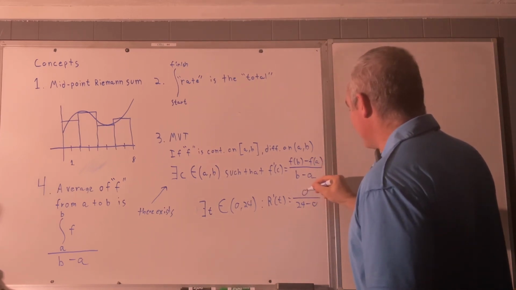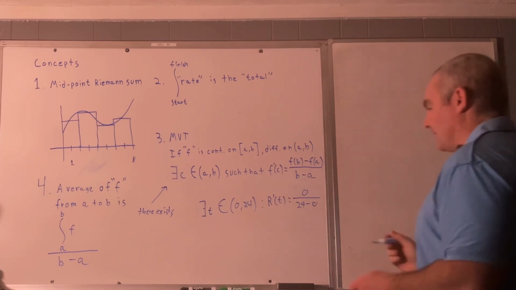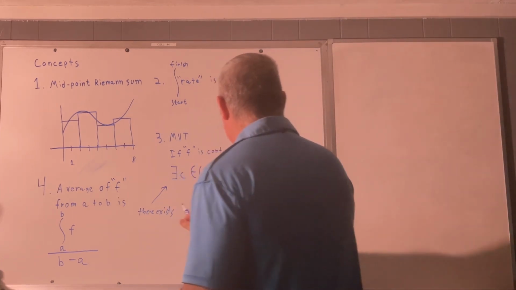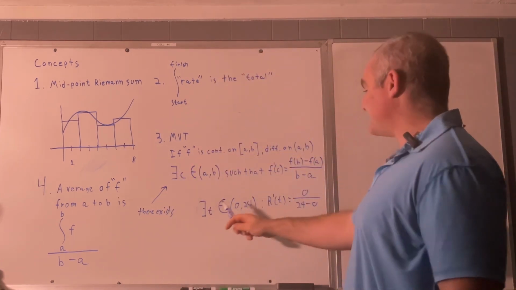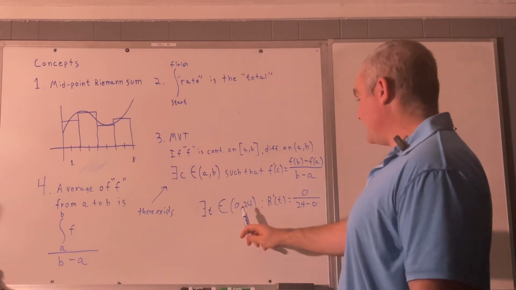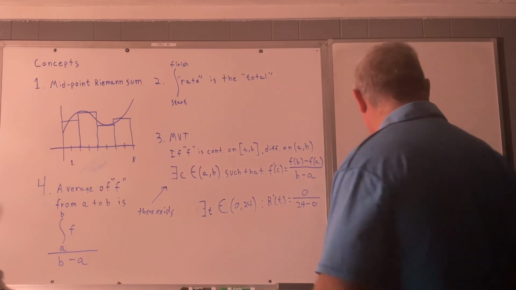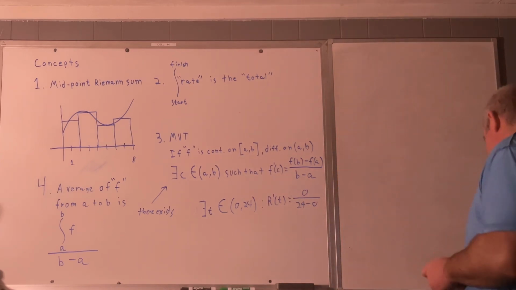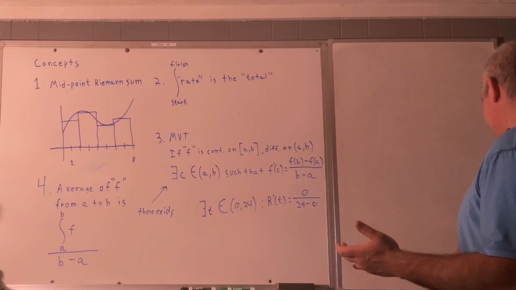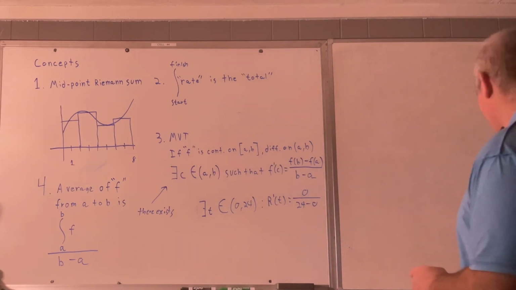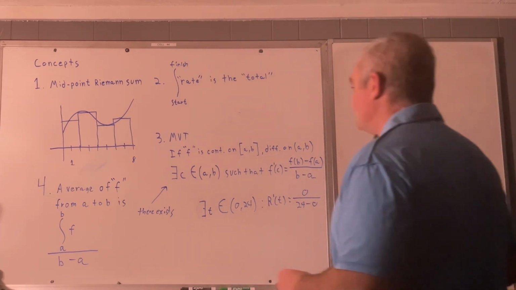It's 0. So we've just shown that by the mean value theorem, there exists some time t on the interval 0 to 24 such that r prime of t is equal to 0. And that's what it asked us to show. And that is the answer and justification all rolled into one. All right.